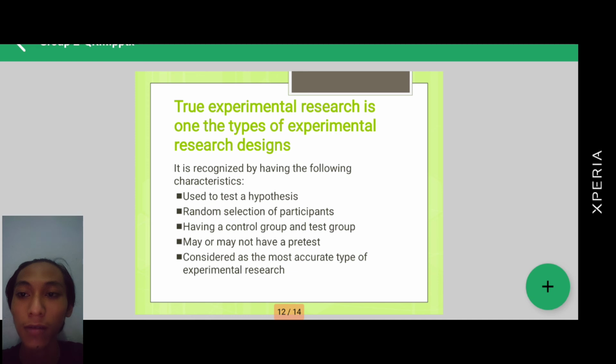True experimental research is a type of experimental research design. It is recognized by having the following characteristics: used to test a hypothesis, random selection of participants, having a control group and test group, and may or may not have a pretest. It is considered the most accurate type of experimental research.